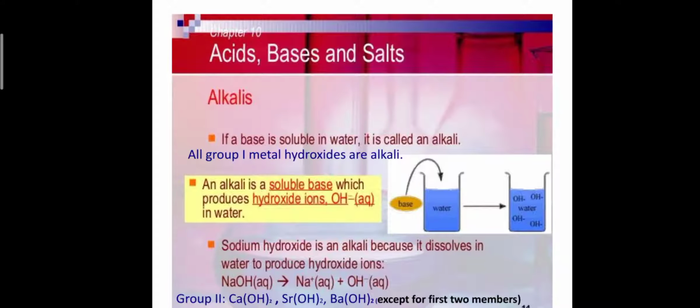Now, alkalis. If a base is soluble in water, it is called an alkali. All group 1 metal hydroxides are alkalis, that is, the elements present in group 1 form metal hydroxides that are alkalis. An alkali is a soluble base which produces hydroxide ions, that is OH- ions, in aqueous solution.